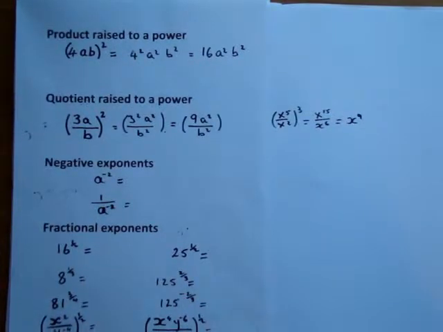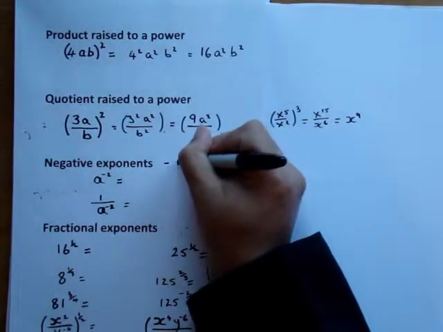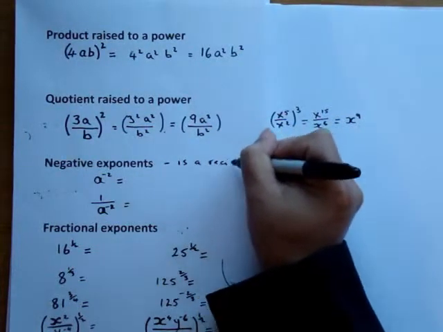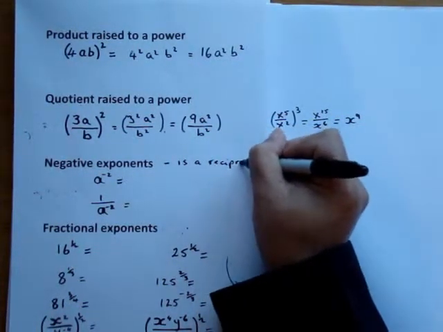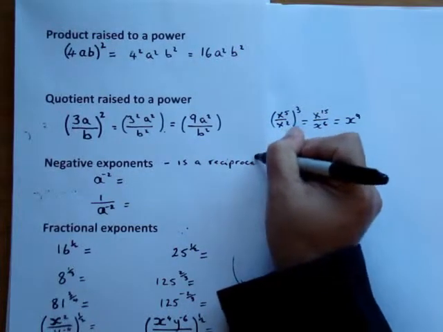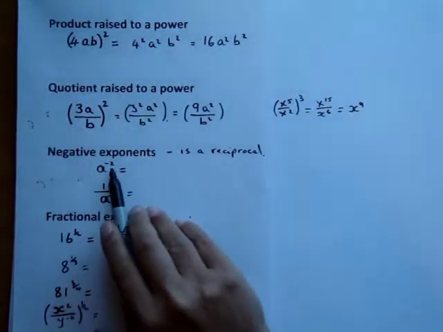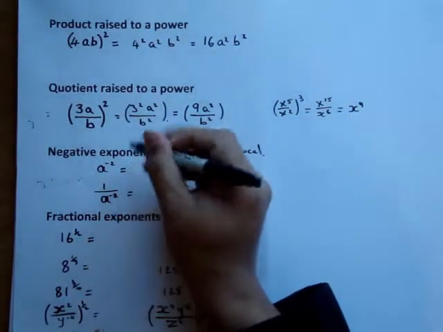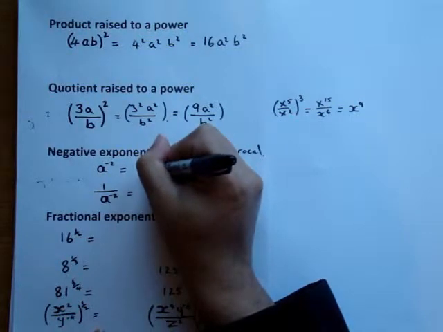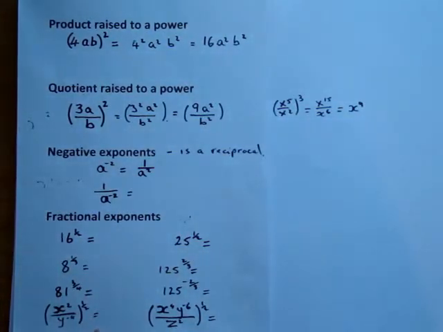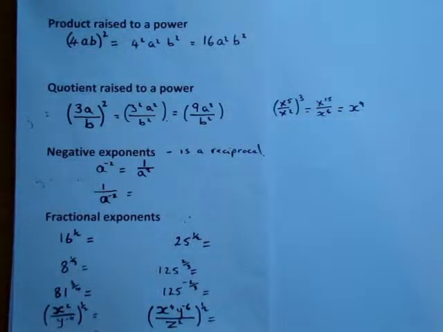A negative exponent is a reciprocal. So a to the minus 2, first of all we write a to the power 2, a squared, and a reciprocal, the negative, just means it's 1 over a squared.